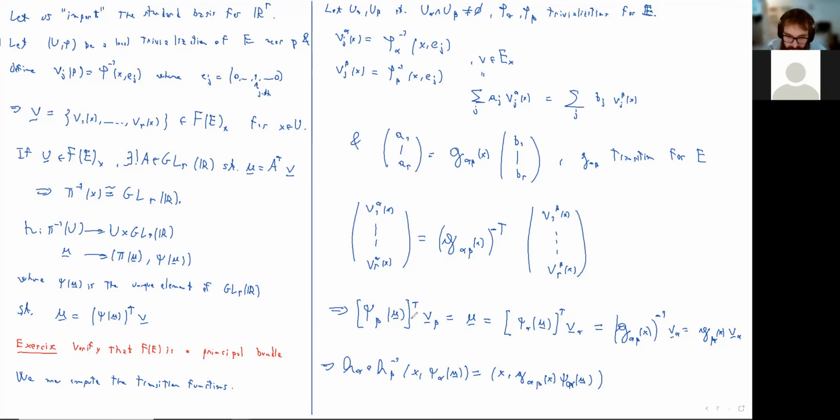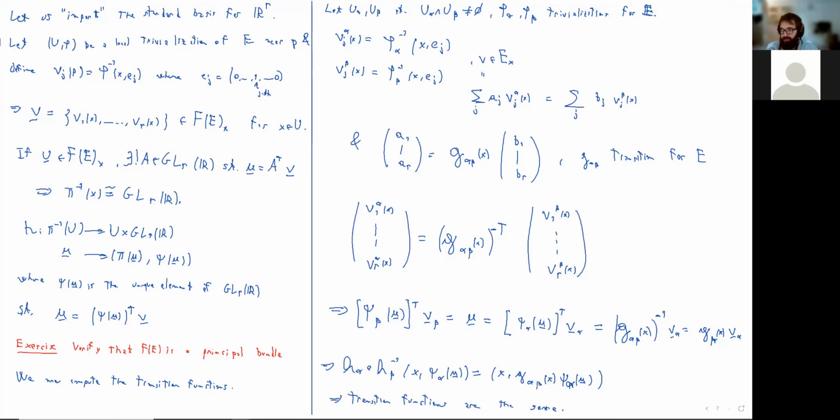And this is psi beta. And so the transition functions are the same, they are this G alpha beta. Okay, so the transition functions are the same.